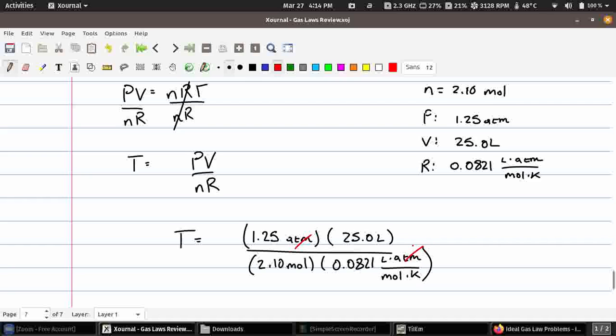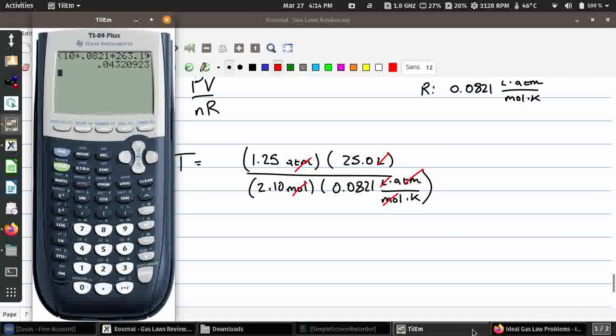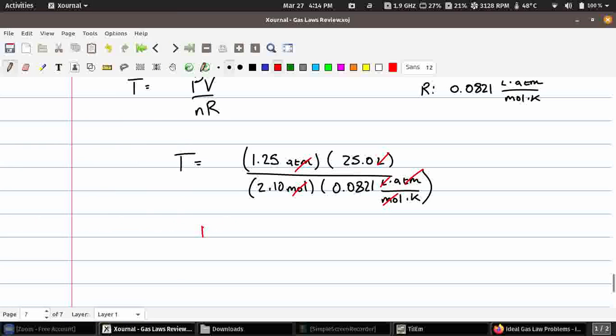Your atmospheres cancel, liters cancel, moles cancel, and we're left with kelvins. So we're going to need parentheses on top and bottom for this. So that means your temperature is going to be 181 kelvins.